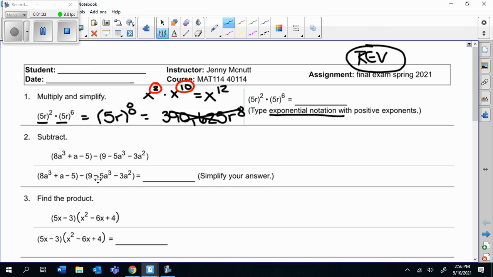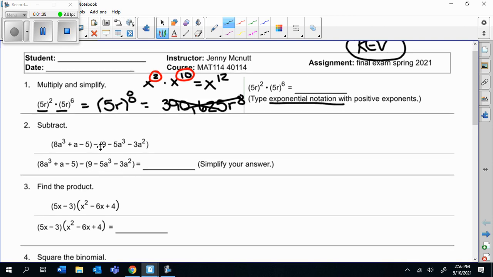All right, number 2. Subtract, so that means all of this is going to change to a plus. The 9 goes negative, the 5 goes positive, the 3 goes positive, and then we just add our like terms. So I have 8a to the third minus, but that changes to a plus 5, so 8 and 5 make 13a to the third, and then I have plus 3a squared because I have no other a squares.